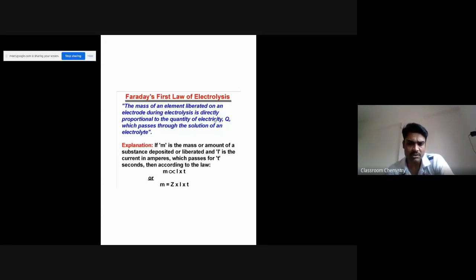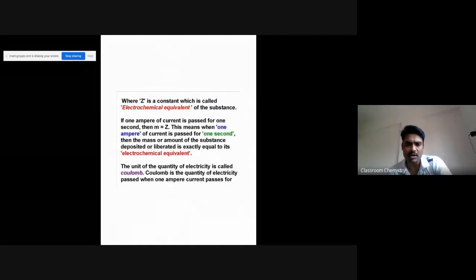If we introduce a constant, we can write M is equal to Z into I into t. This Z is a constant, and it is called the electrochemical equivalent.